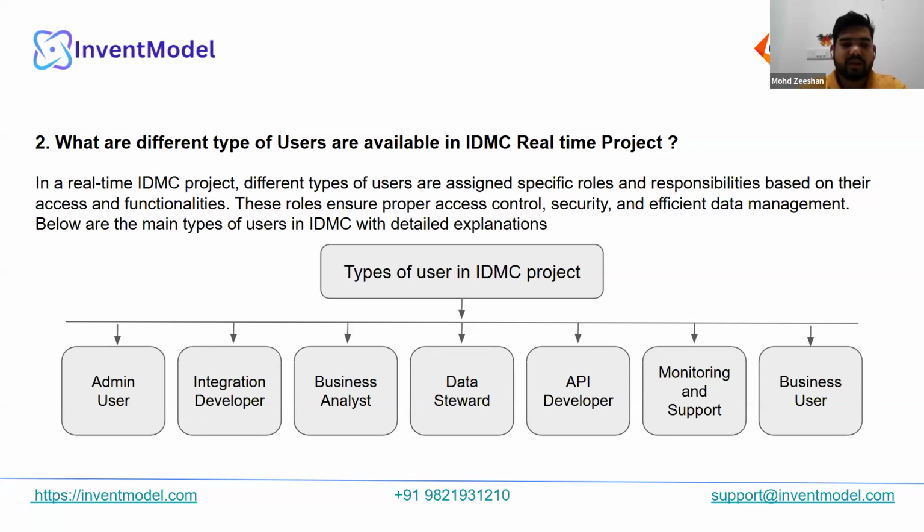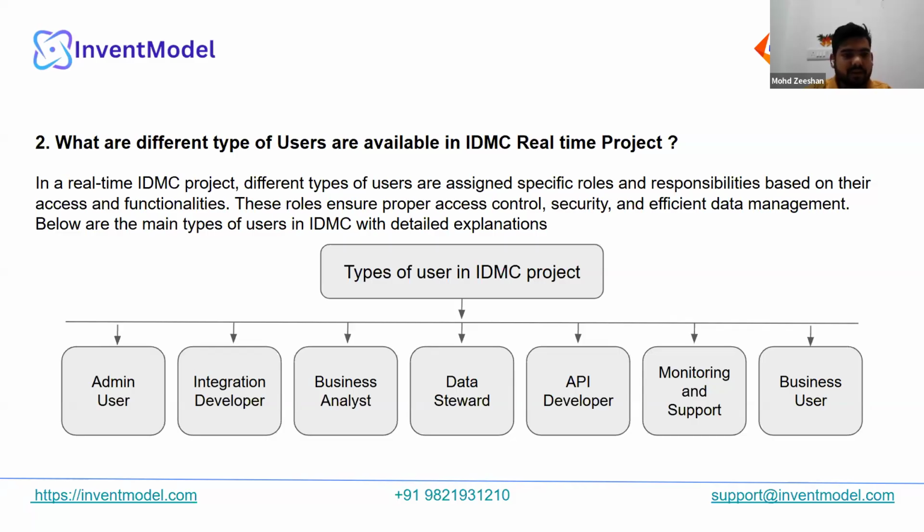Here you can see the types of users in an IDMC project. We have admin user, integration developer, business analyst, data steward, API developer, monitoring and support developer, and business user. Don't worry, we will discuss each of these in the next slide.